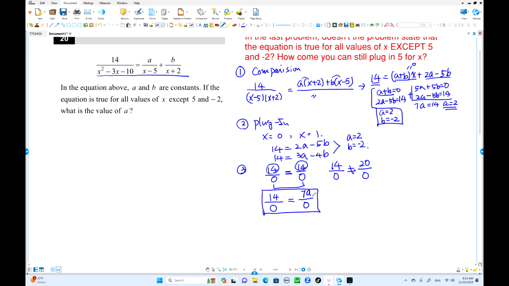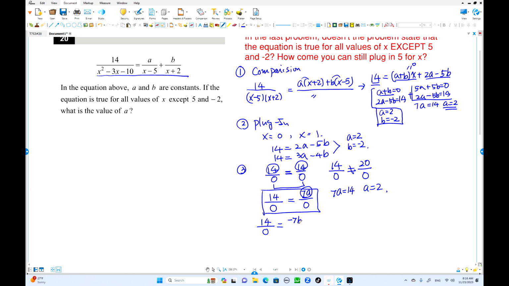Still, this is undefined. To be equivalent, this one should be 14 also, okay? This is the mathematical rule, using undefined. So 7a equals 14, a equals 2. Or using negative 2 there, still 14 over 0. Negative 2 there, that is 0. Negative 2 minus 5, negative 7b, okay?